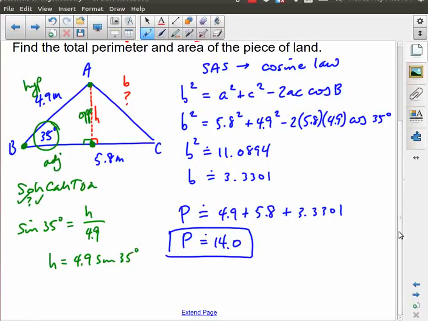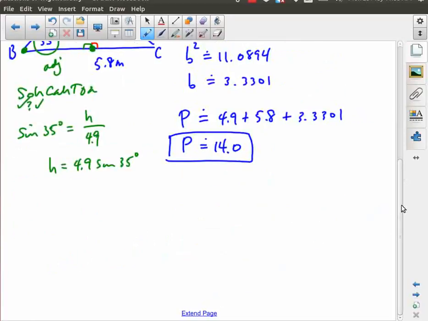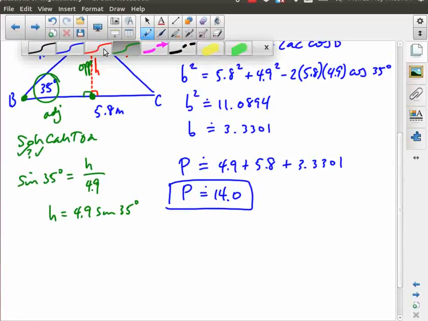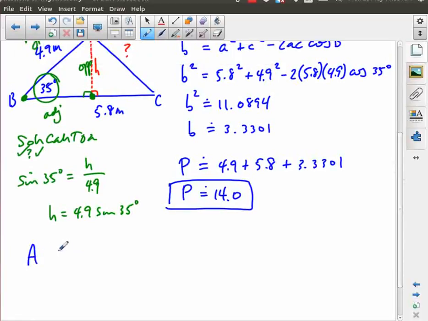And from there, I'm not going to resolve that into a number. I'm going to make use of the fact that area is equal to 1/2 base times height, which is 1/2. What is the base of this whole triangle? It's 5.8 the way I've drawn it. And the height is 4.9 sine 35 degrees.